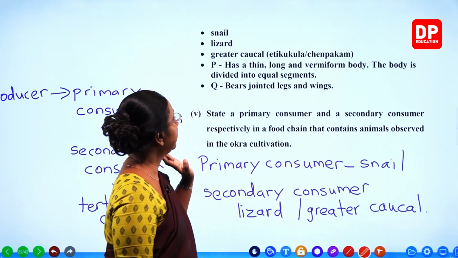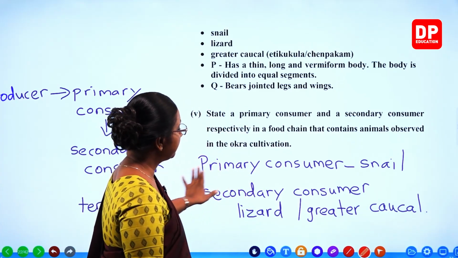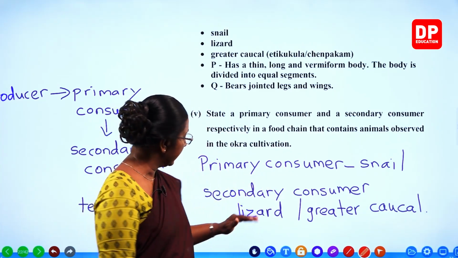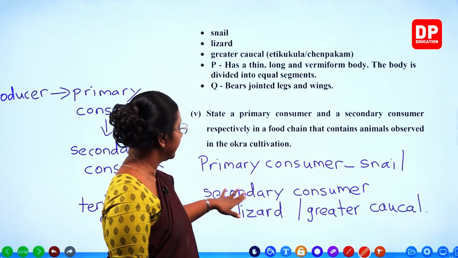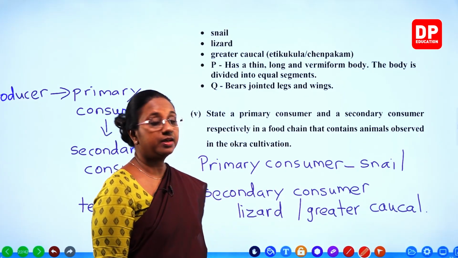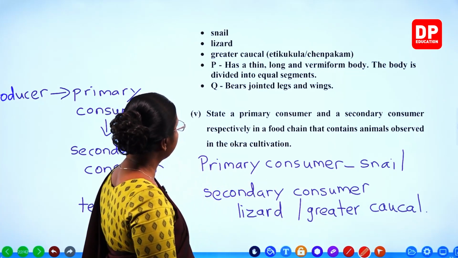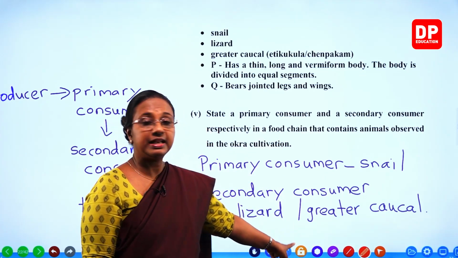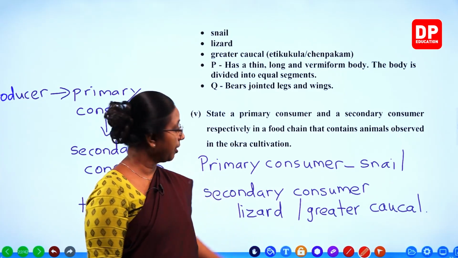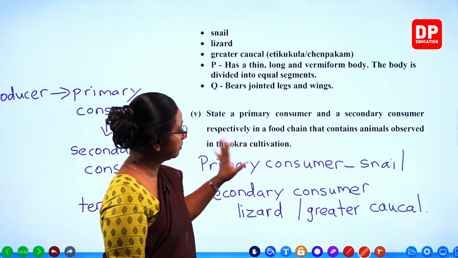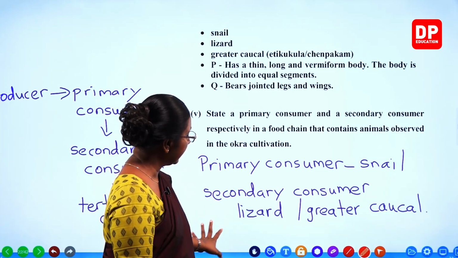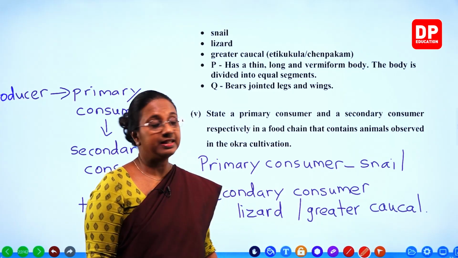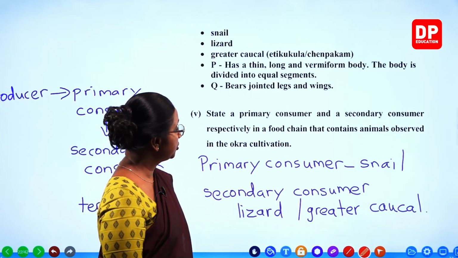So you can write one of the two. Now primary consumer you need to write the snail, and secondary consumer it can be a lizard or a greater coucal. So you can have a food chain where you have the crop, snail and greater coucal. That is also possible. Or the crop, then you can have the snail and the lizard, something like that. So that is a food chain.